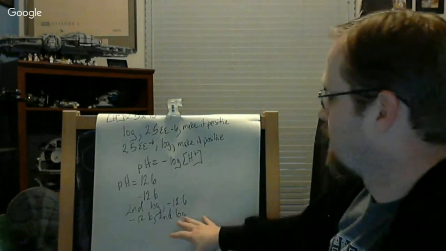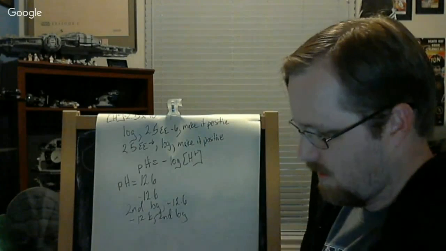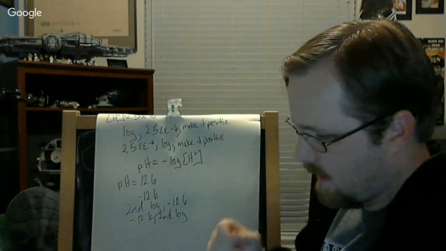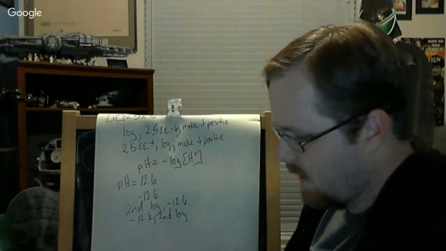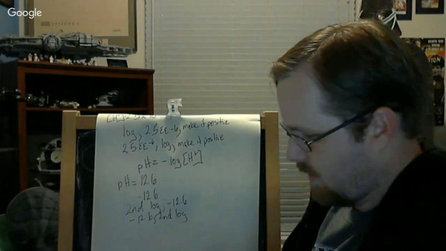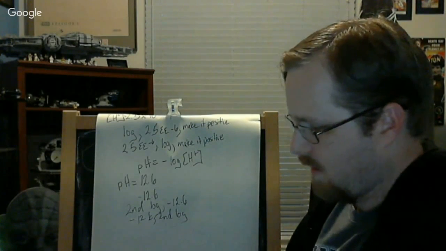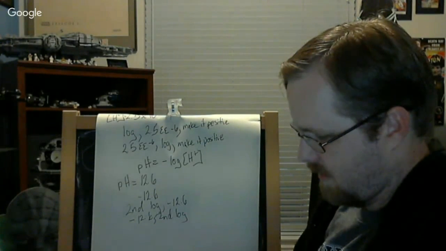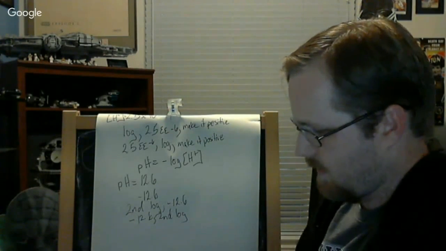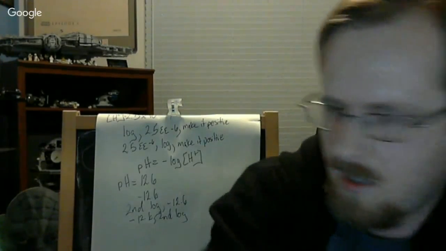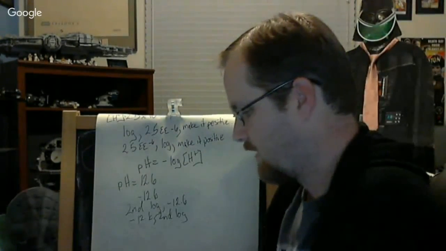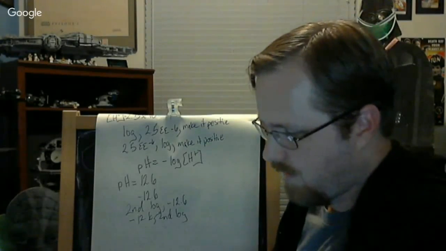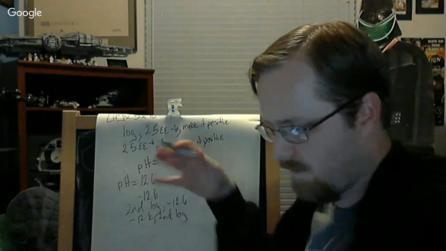All right, so we're going to try this one out. Since my calculator requires the function first, I'm going to do second log, and then I'm going to type in negative 12.6. I'm going to hit equals, and then what I see on my screen is 2.51189, and so on.